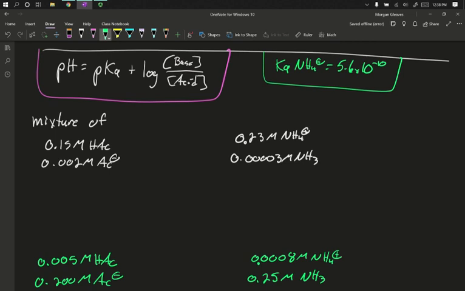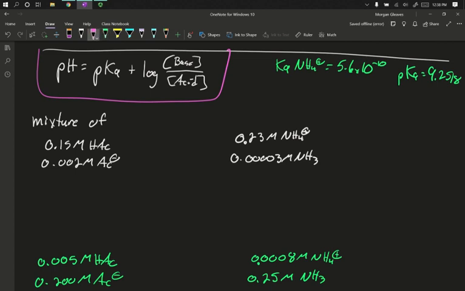Well, I have the Ka. To solve for the pKa, I just need to take the negative log of 5.6 times 10 to the minus 10. We'll find that the pKa is 9.2518, so 9.25.